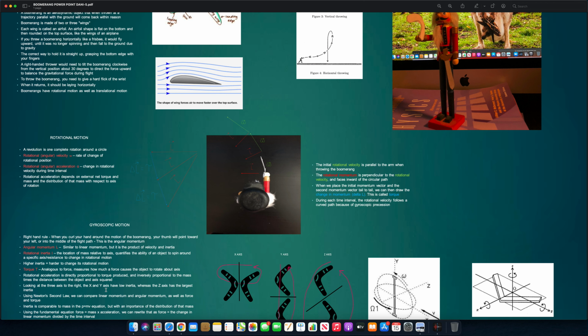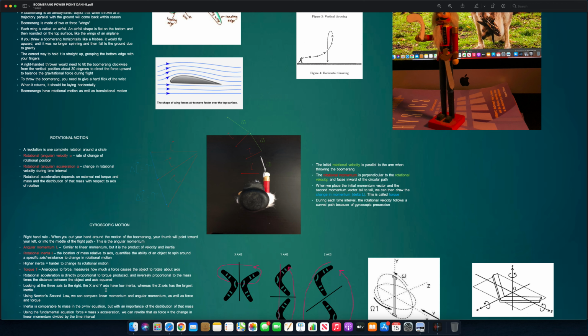At every little point, there's like 1, 2, 3 different points. The angular velocity is changing in a circular pattern, and so the angular momentum is also facing inward. The initial rotational velocity is parallel to the arm when you throw the boomerang, and the rotational momentum is perpendicular to that rotational velocity and faces inward into the circular path.